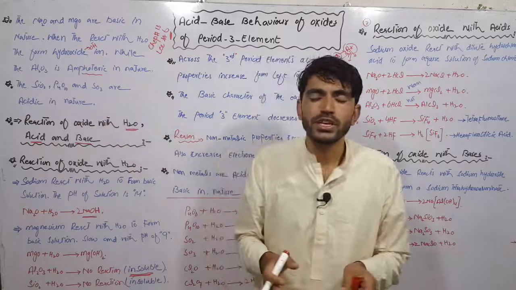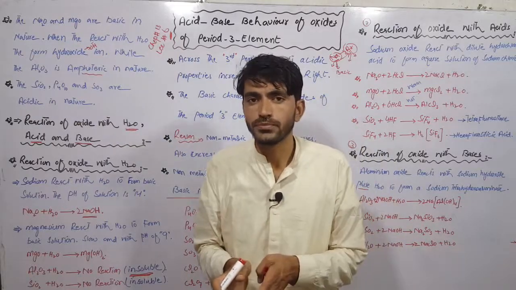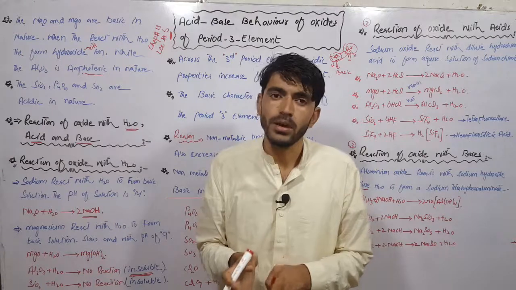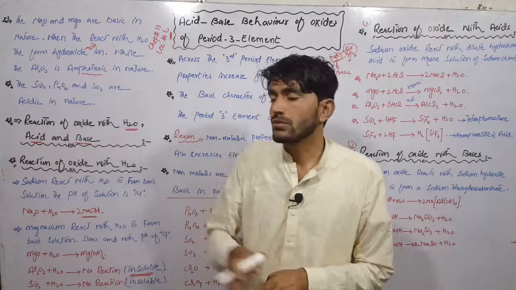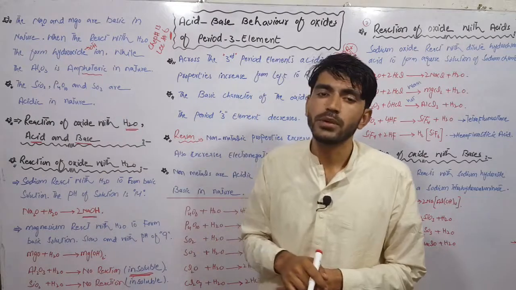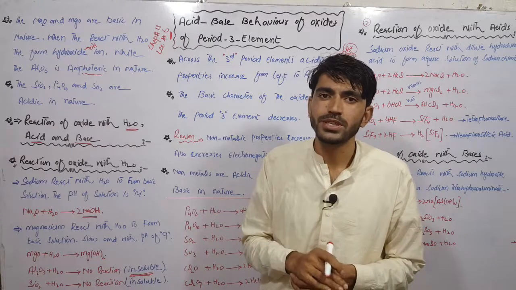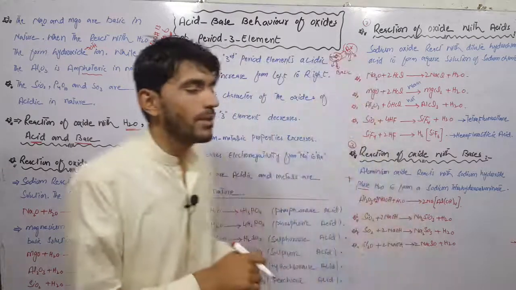Amphoteric means it has both the properties of metals and non-metals, so it is called amphoteric.